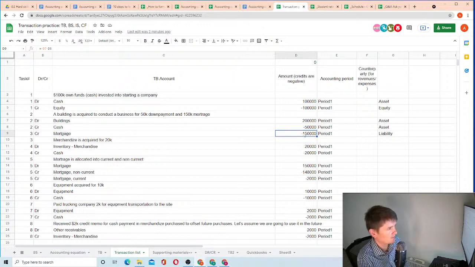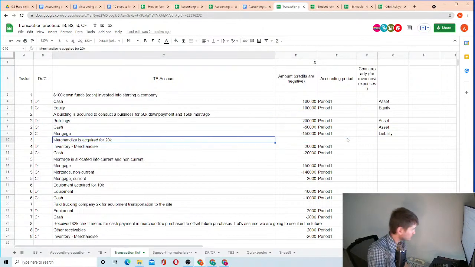But if it confuses you, if it's a liability account, you might think in absolute values. So let's see.